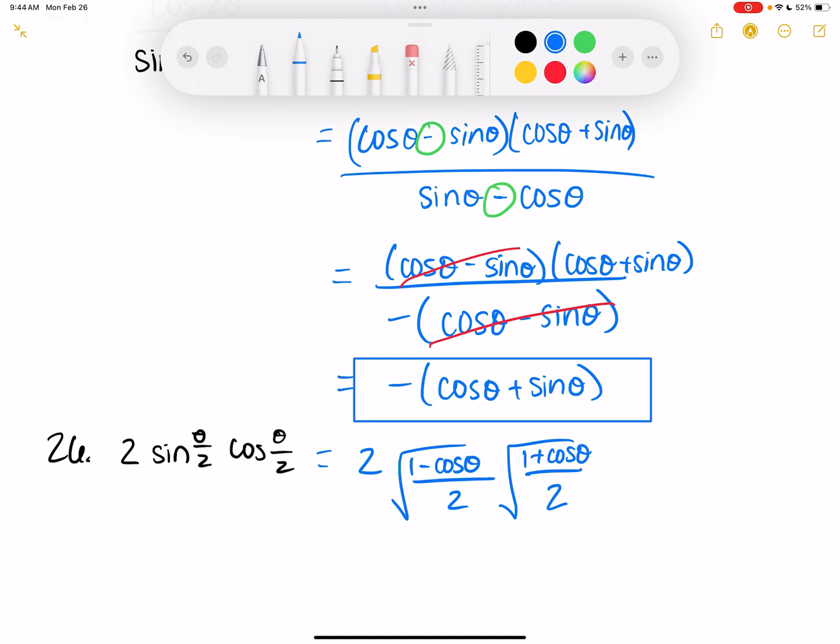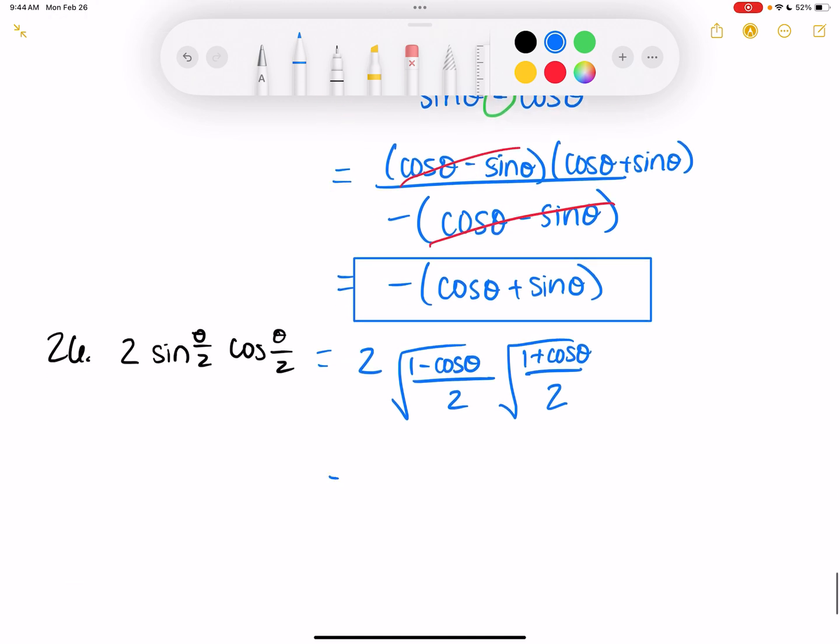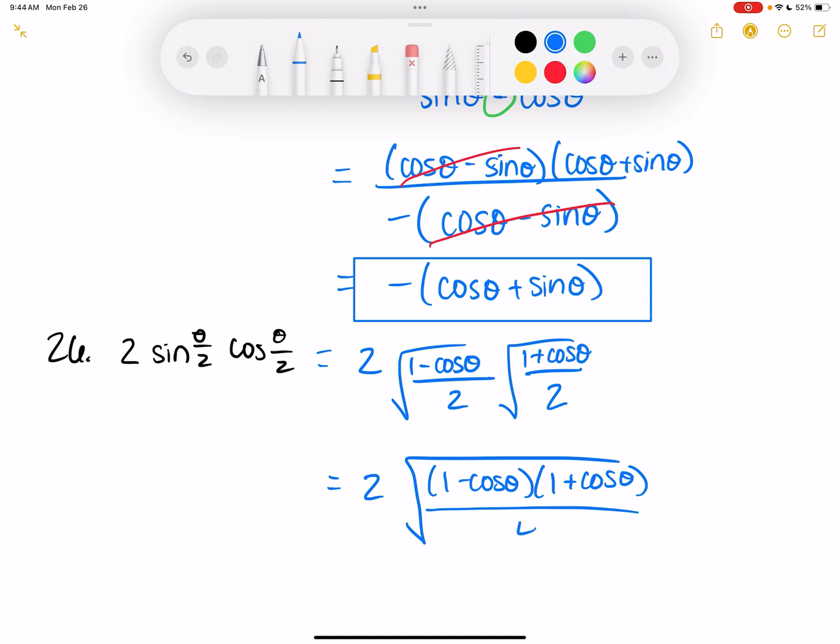So I need to multiply this now. When I multiply radicals, I can multiply the stuff that's inside of them. So this is going to become, the 2 staying on the outside, but I'm going to have one giant radical, 1 minus cosine theta times 1 plus cosine theta over 2 times 2 is 4. So what do I have on the top?